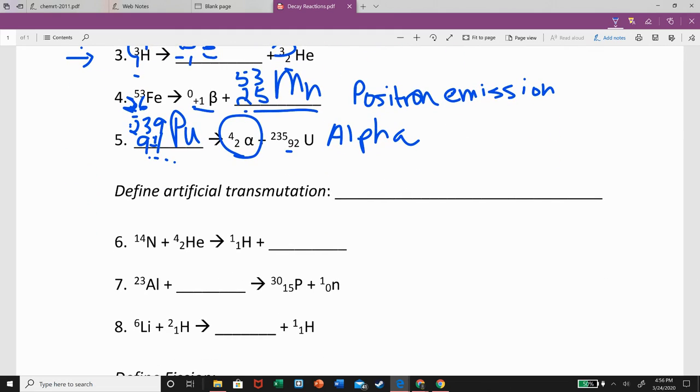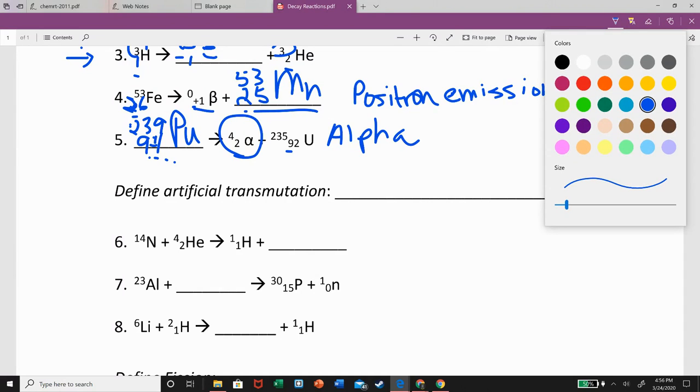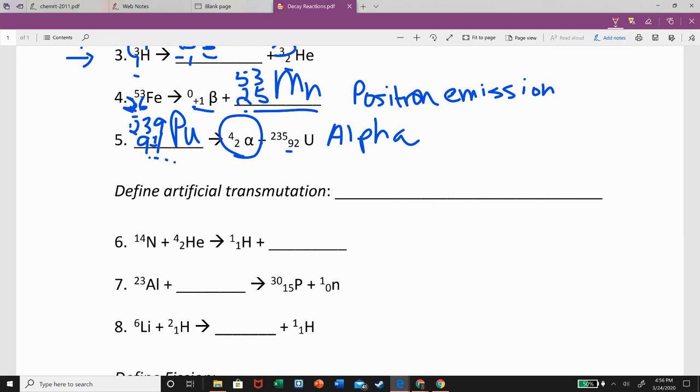Now we're going to define artificial transmutation. So transmutation is still going to mean the same thing, right? Trans means change, and then we have mutate, change into something else, but it's artificially.